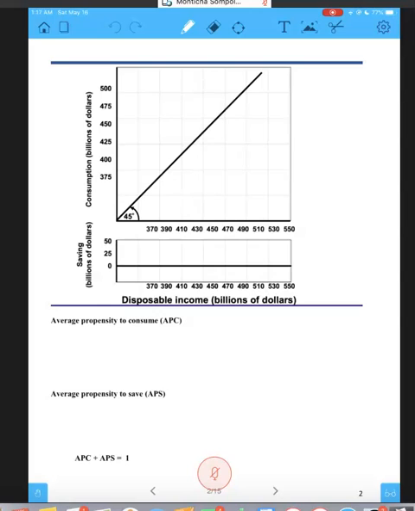This one is going to be on the horizontal axis: disposable income. And on the vertical axis, we're talking about consumption and saving on two separate graphs. All right, so if we look at the data that we were talking about earlier, we'll see something like the following.